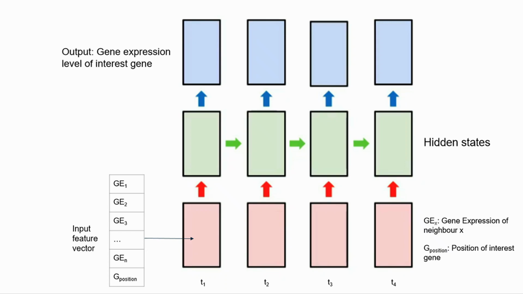We trained this with mean squared error loss, and the reason we use a sequential model is that the hidden states will help the future expression level of the interest gene depend on the past expression levels of its neighboring genes.